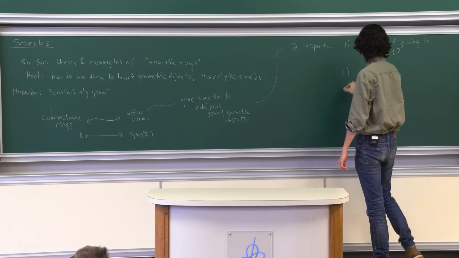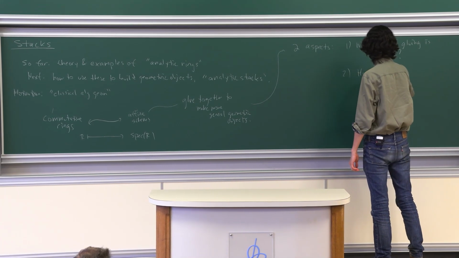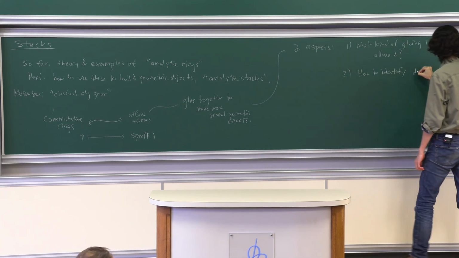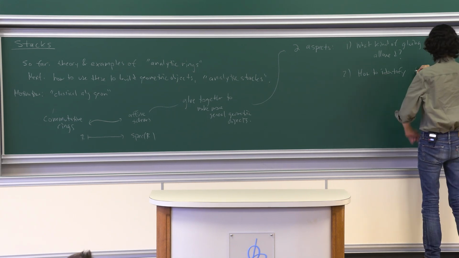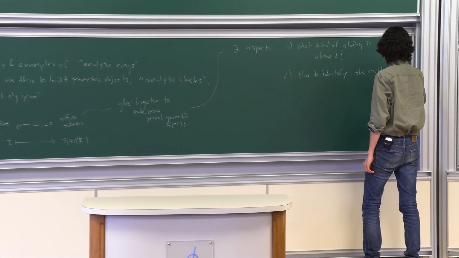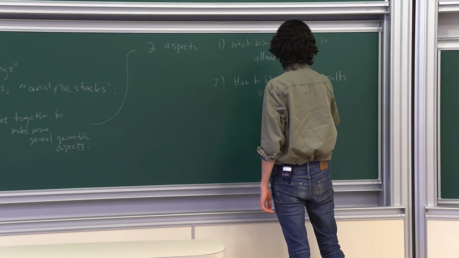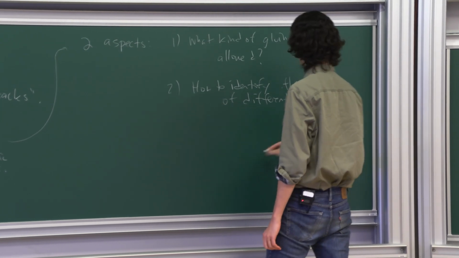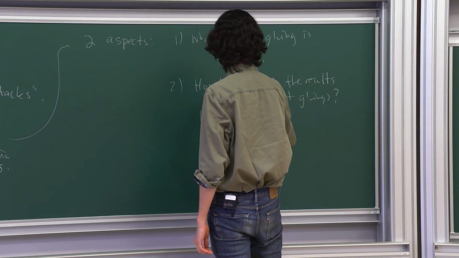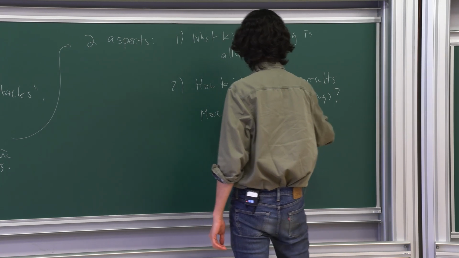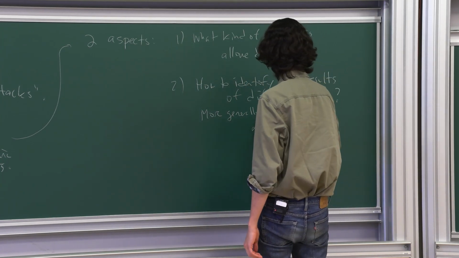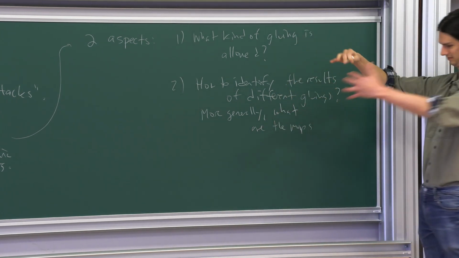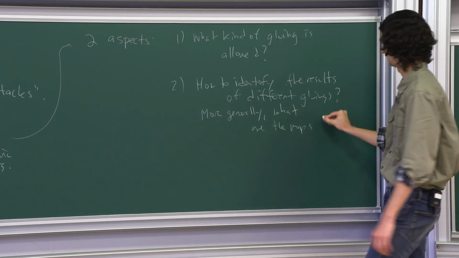And the second one is how to identify the results of different gluings, or more generally, what are the maps, or what is the category, between the formal gluings of affine schemes?